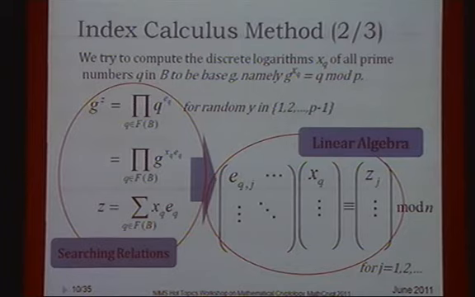And here, how can we solve this one? The idea is as follows. We generate a random integer z. Then we know the probability of this number being a smooth number. We can compute the prime decomposition of g to the z.